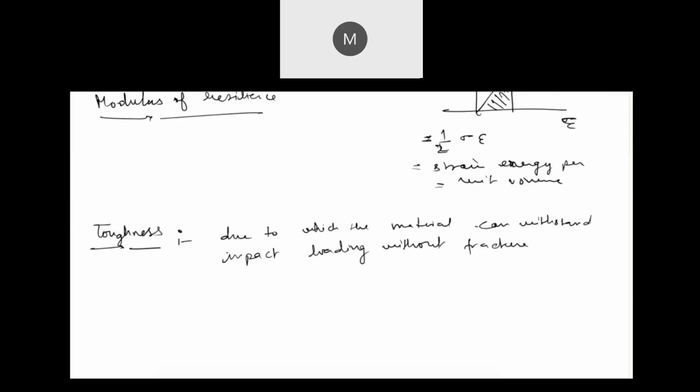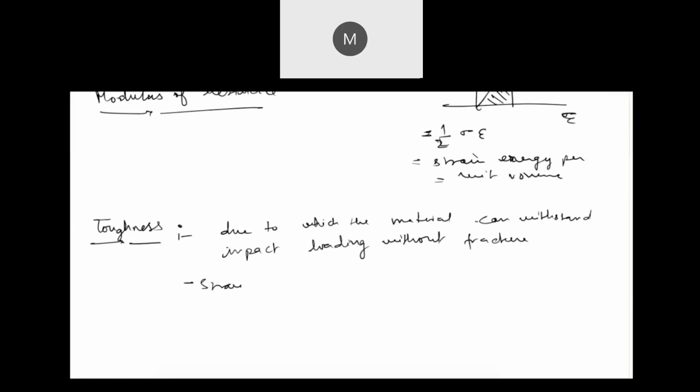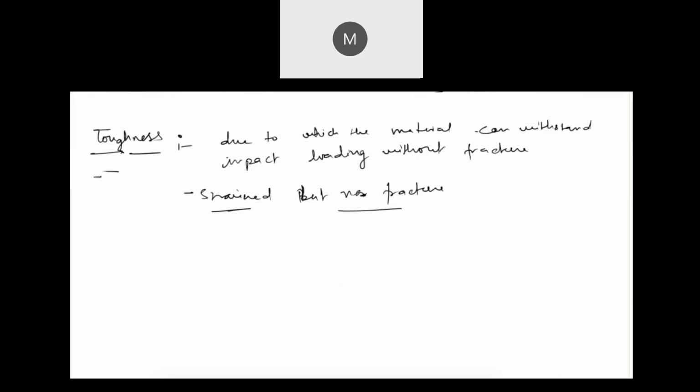That is, the material can be strained without fracture. So the material which can take more strain without fracture will be the tougher material. To define toughness, there is a modulus defined, that is modulus of toughness.